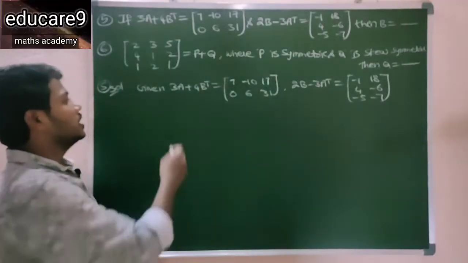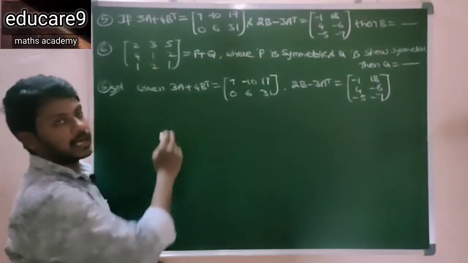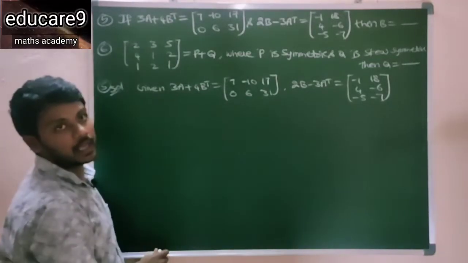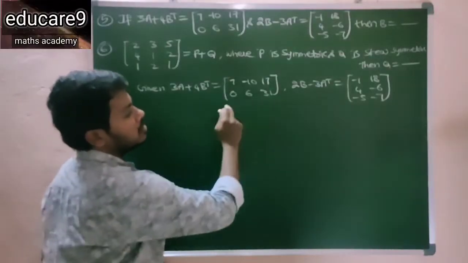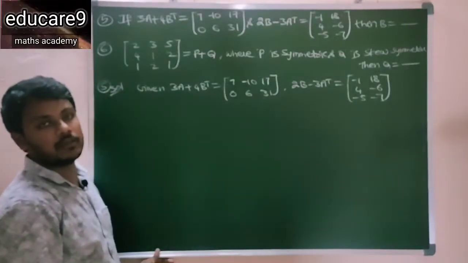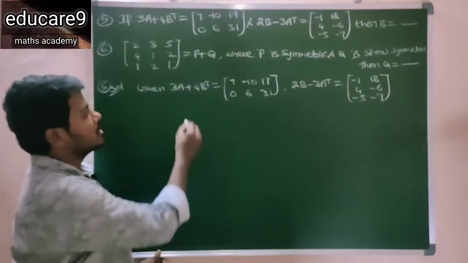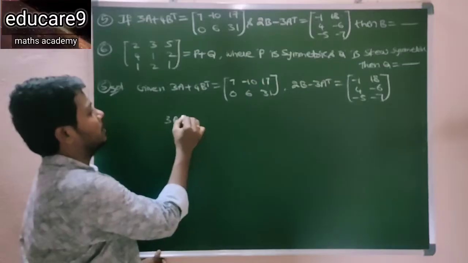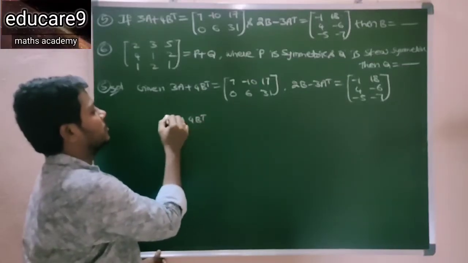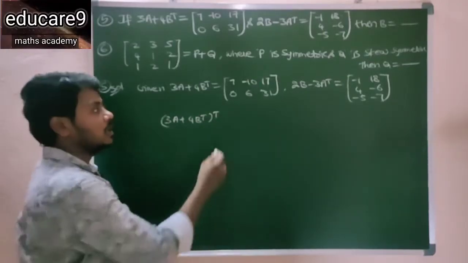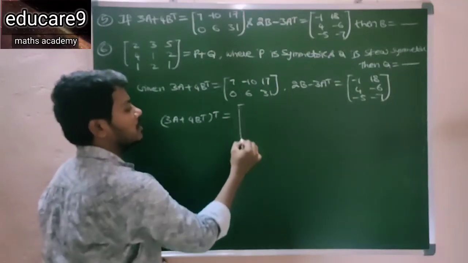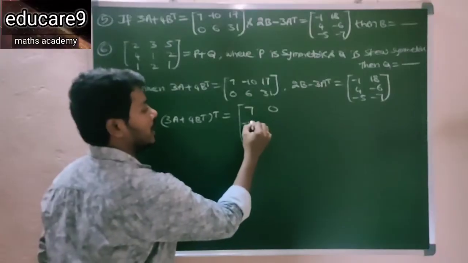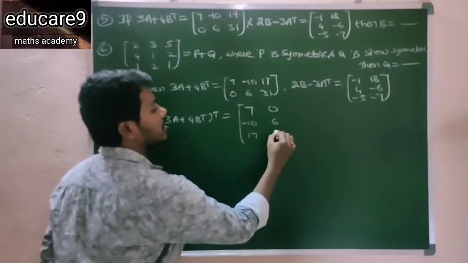See here, take the transpose of this matrix. What you get is 3A transpose plus 4B transpose. And add these two matrices, then we will get matrix B. So first the transpose of this matrix, that is (3A plus 4B) transpose whole transpose, equals the transpose of this, that is write rows as columns, columns as rows. So 7 0 minus 10 6 17 13.